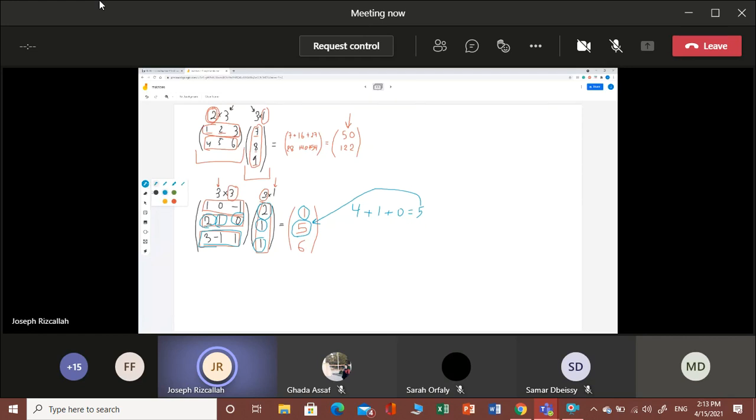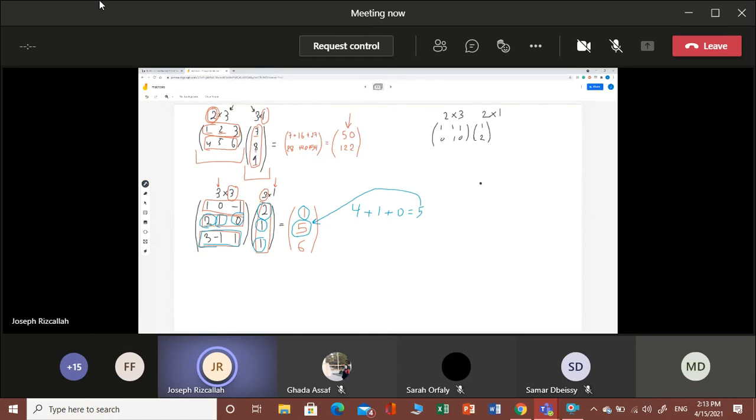Let's say we want to multiply a vector which is, let's say, 1, 2. Is it defined? This is 2 by 3, and this is 2 by 1. Can we define the multiplication? No.